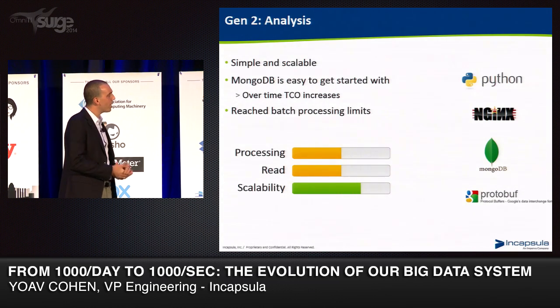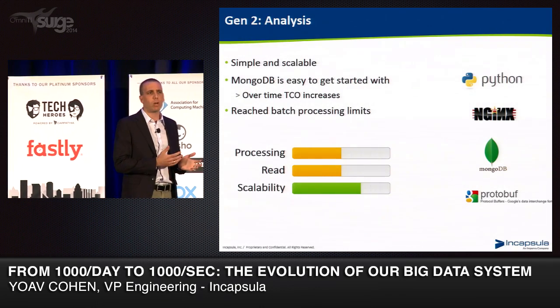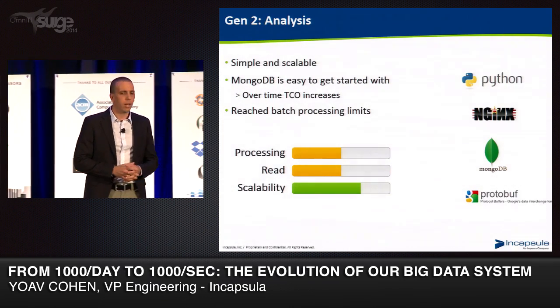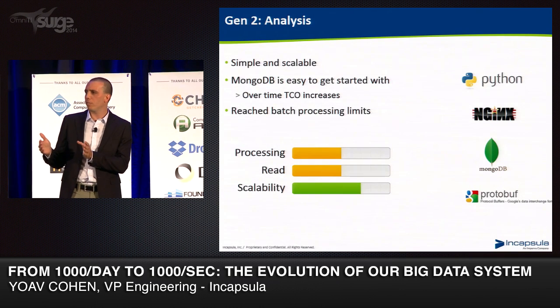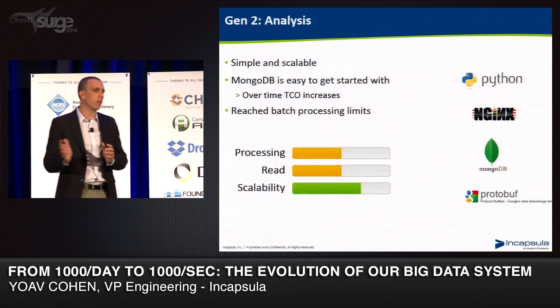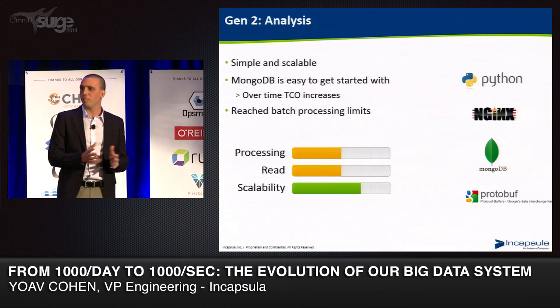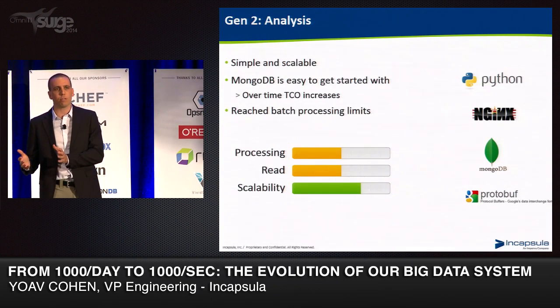And we felt that we reached the limits of doing this process in batch, because the flush time at the end of the batch was beginning to become very, very long. We would process files for 5 minutes, and we would flush to the database for 5 minutes.